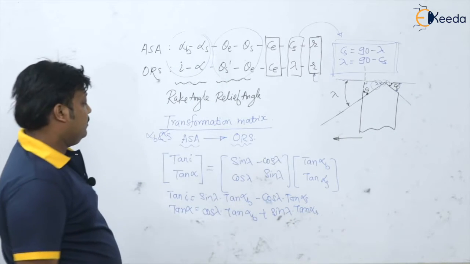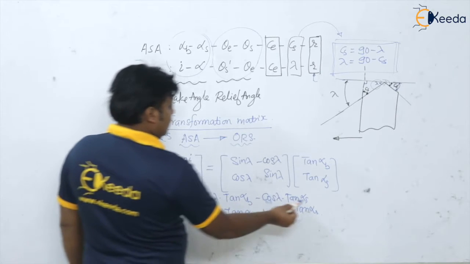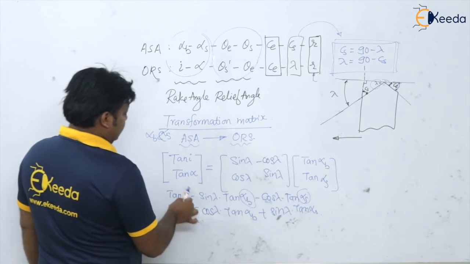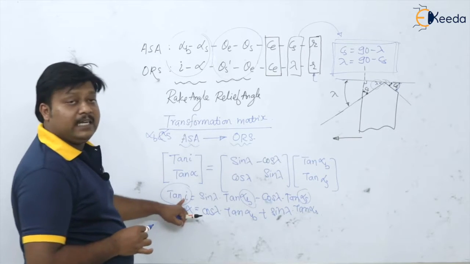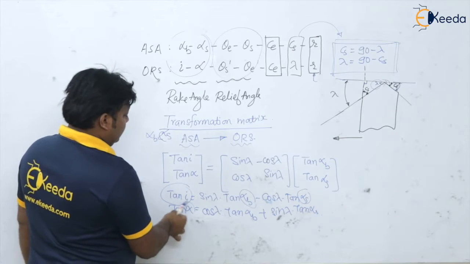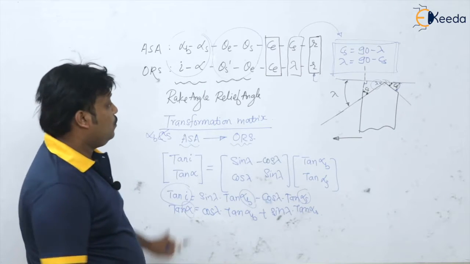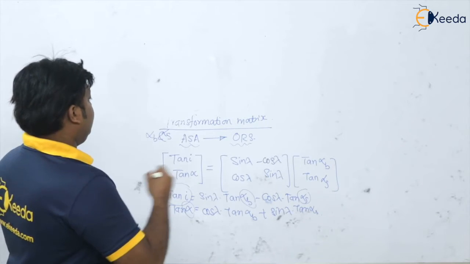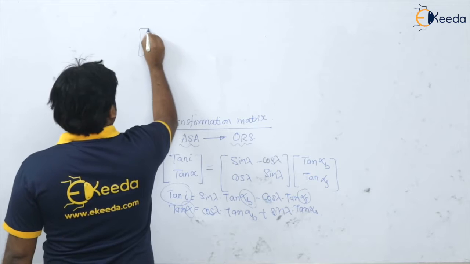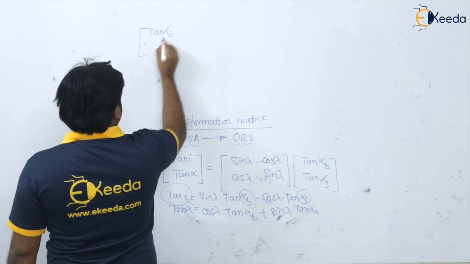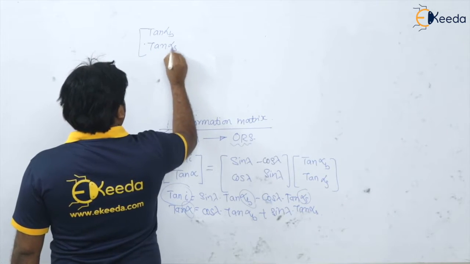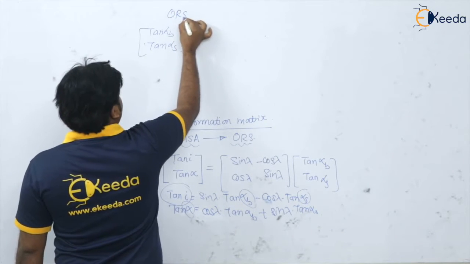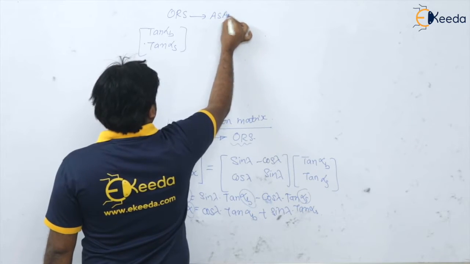So you can get the formula: given the side rake angle and back rake angle from ASA, you can get the inclination angle in ORS, or the orthogonal rake angle in ORS, isn't it? Again, for tan alpha b and tan alpha s, how to calculate when the inclination angle and orthogonal rake angle in ORS are given and you are going to convert to ASA?